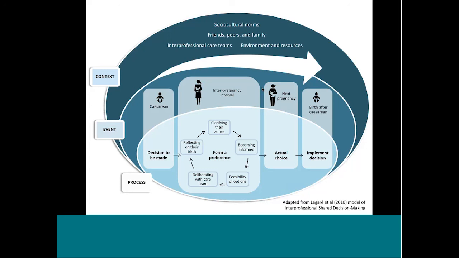We also learned that women sought to avoid environments that would re-traumatize them. So one participant even decided to avoid her local hospital entirely for her next delivery. She moved to another community that was 2 days' drive away where she could have a home birth with an unregistered midwife in order to avoid an environment that she felt wouldn't give her the option of her preferred mode of birth.